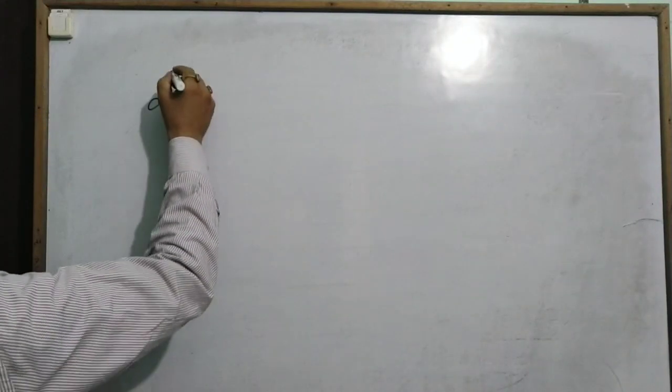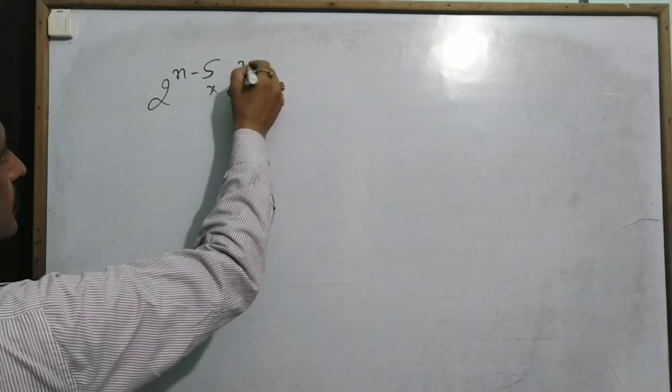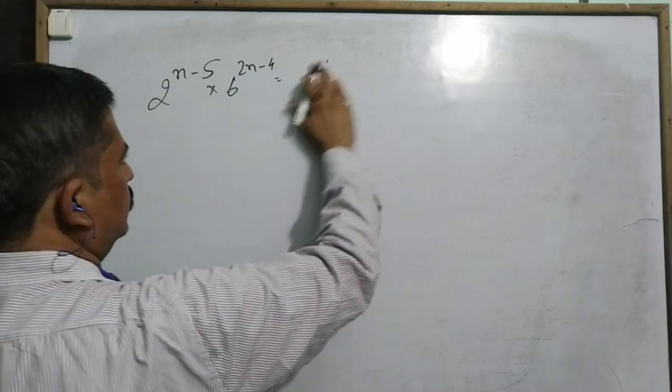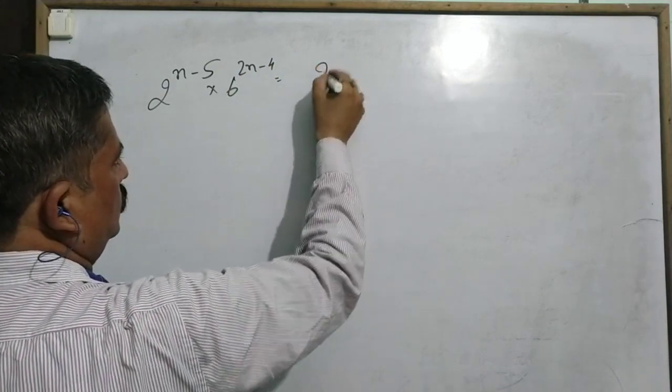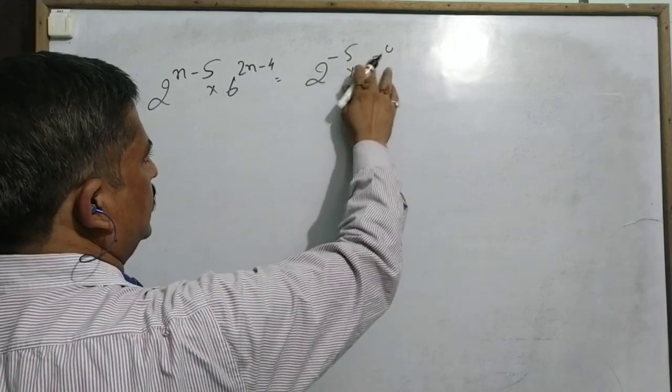That's the first method. Second method: 2 to the power n minus 5, 6 to the power 2n minus 4 equals 1 by 12 to the power 4. We also write 2 to the power minus 5 into 6 to the power minus 4.